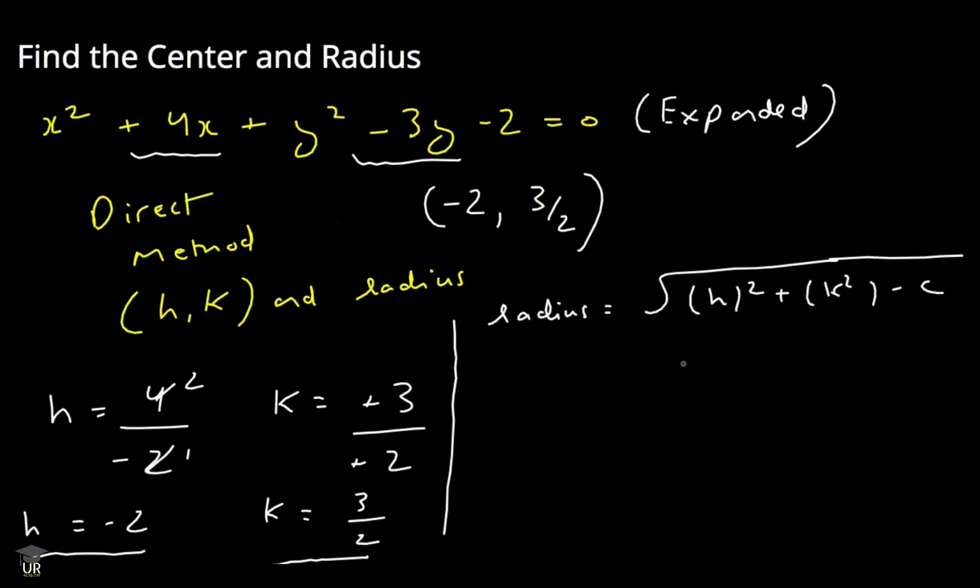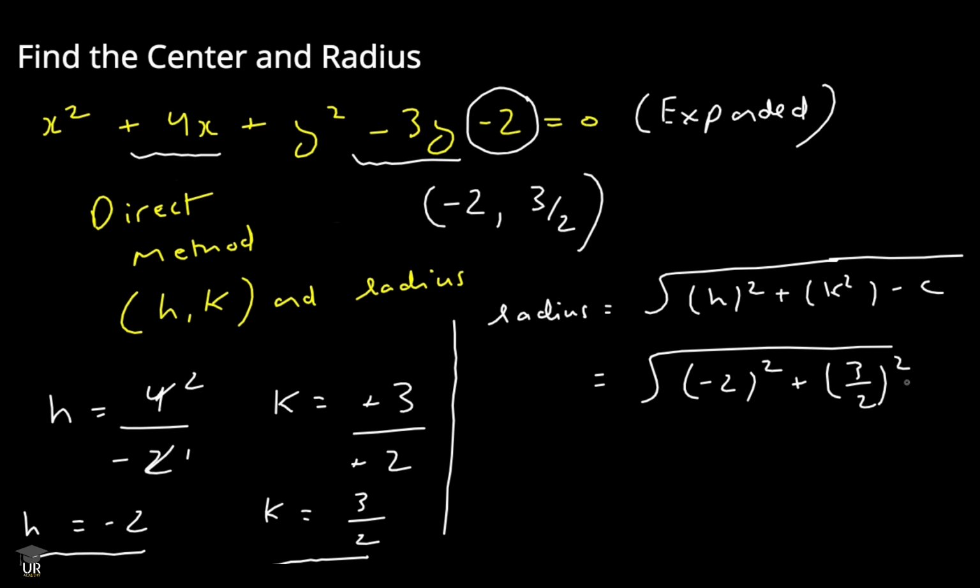So here h square is minus 2 square, then plus 3 upon 2 square, and c is my constant, which is minus 2.